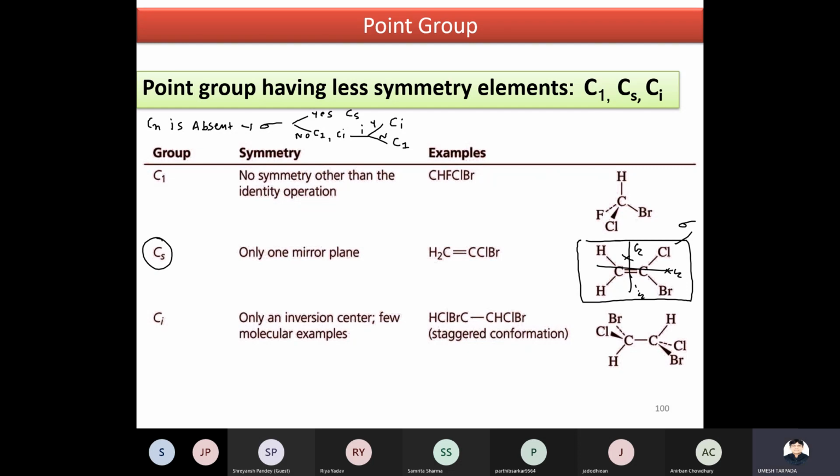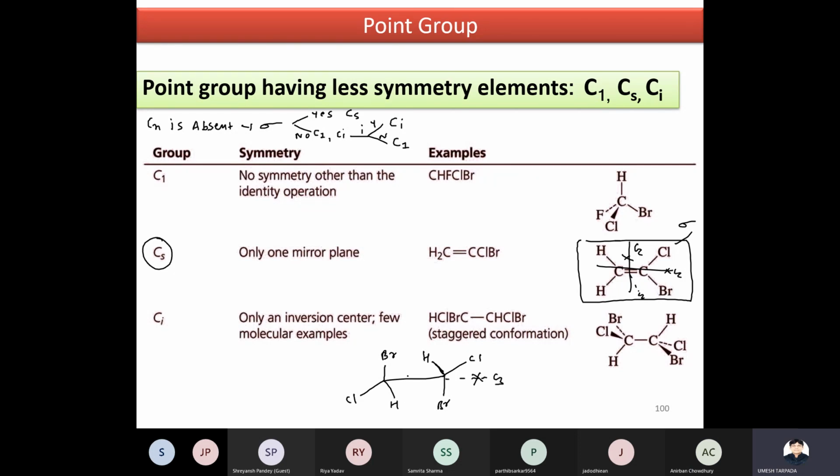This is Ci. Its structure is like this way. Look at here. This is a staggered form. Here 2 Br is there. Here you can have 2 Cl. And here 2 hydrogen. So there is no C3 axis. Principal axis is not there.